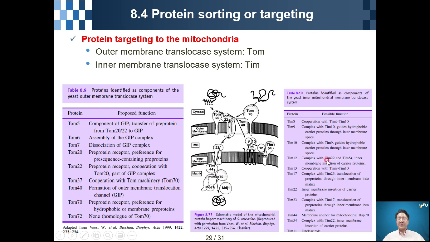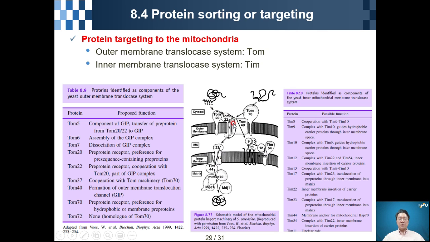The TIM complex starts from TIM8, and there are several other proteins available, with their specific functions written down here. Once again, the mitochondria have an outer membrane translocase system and an inner membrane translocase system, TOM and TIM.